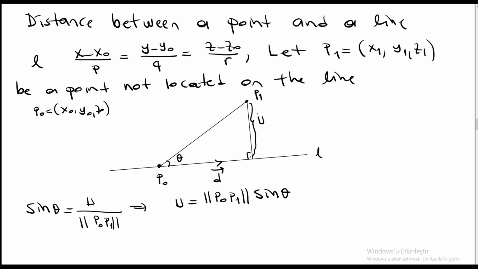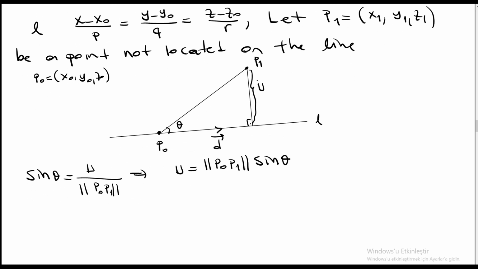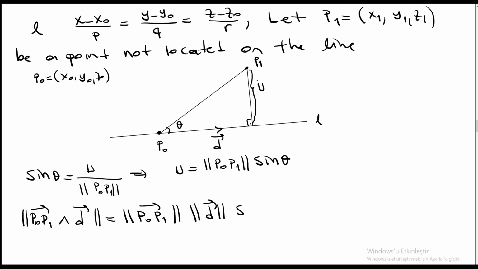Now if theta is the angle between, let's say, this D and this P sub 0 P1, it means you have this one: P sub 0 P1 cross product D, this length. We know this length will be P sub 0 P1 times D times the sine of theta.